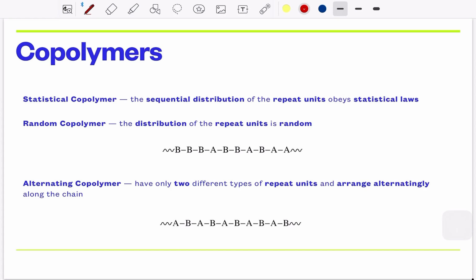You can say these two, the statistical and the random, are similar, but random is more like if A and B are two different repeated units. Let me write here, A and B are two different repeated units.